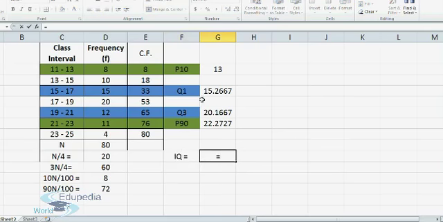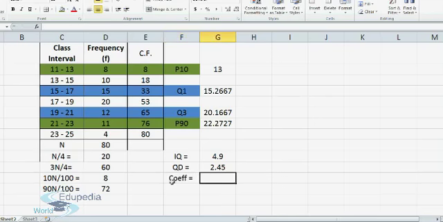Interquartile range will be equal to Q3 minus Q1, then quartile deviation will be equal to this value divided by 2, and then finally the coefficient of quartile deviation will be equal to Q3 minus Q1 divided by Q3 plus Q1.